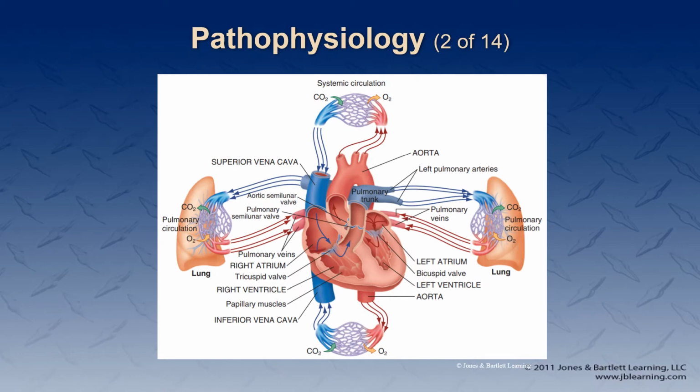All right, so this picture is going to get used a lot as we go through the rest of this lecture. So you've got your heart here in the middle, and this is just diagramming the pulmonary circulation, which is over here and over here, right?